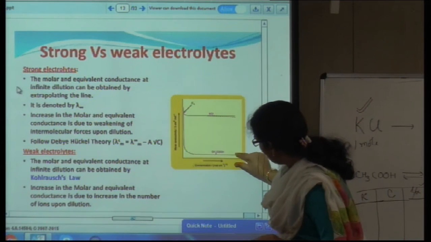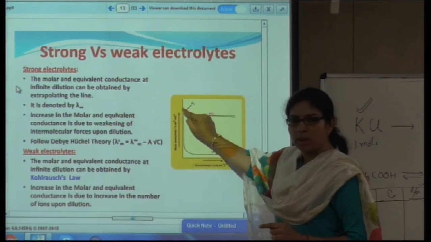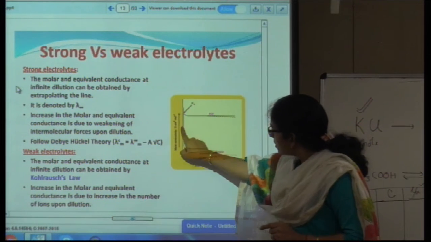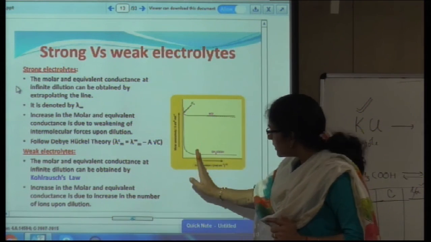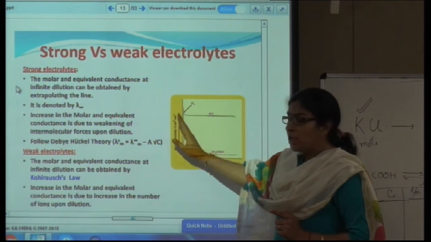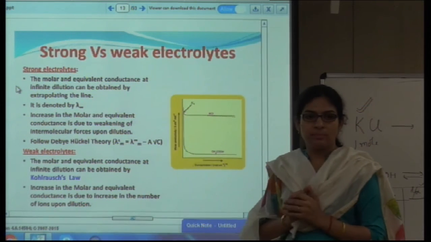Weak electrolyte, you keep on diluting the solution, molar conductance is what? Increasing, and near this 0 concentration, this value shoots up, right? Suddenly it becomes parallel to your y-axis, correct?